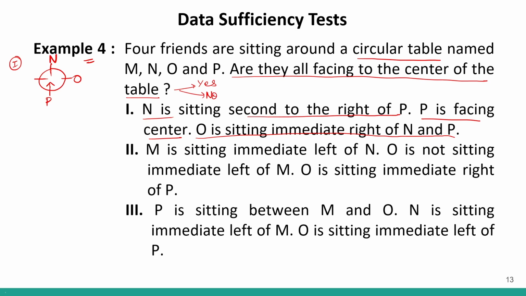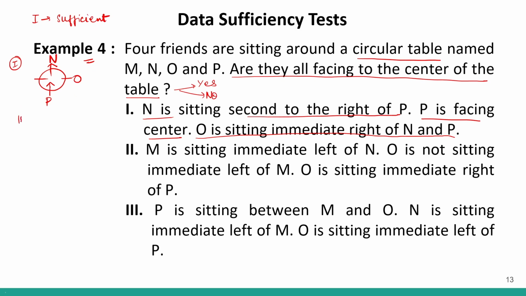And immediate right of N, that means N will be facing this direction. Are they all facing the same direction? No. Some people are facing inside and some people are facing outside. So I can say that 1 alone is sufficient. Correct?